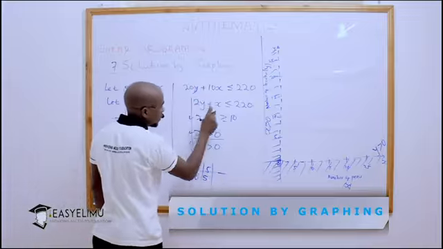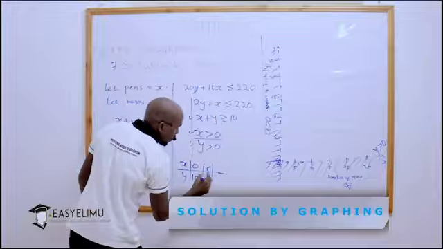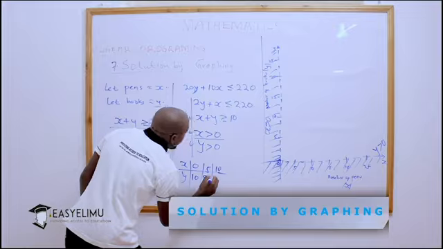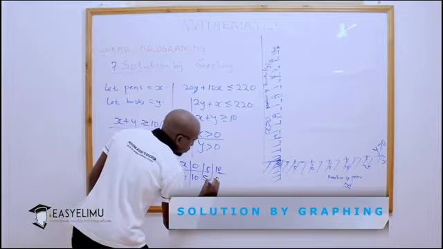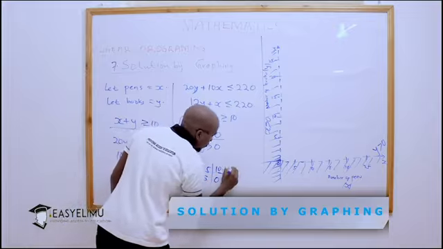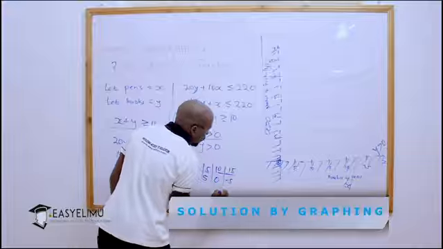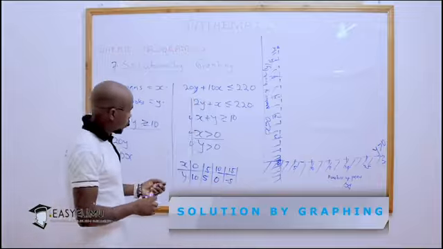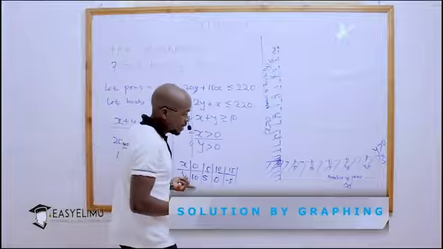And if x is 10, for example, y will be 0. And if x is 15, y will be -5, and so on.